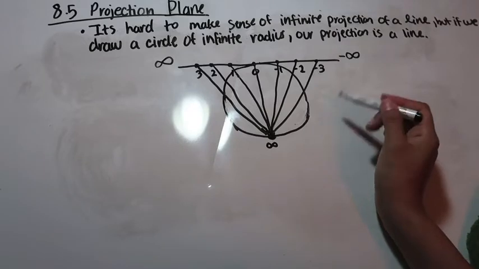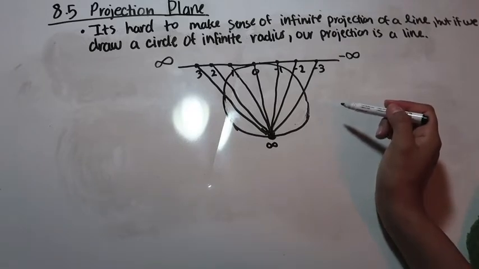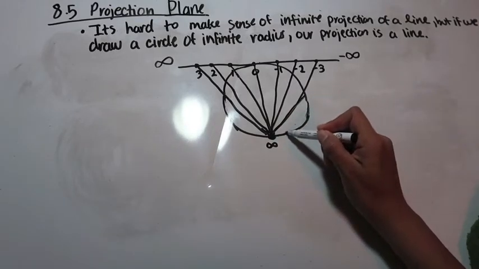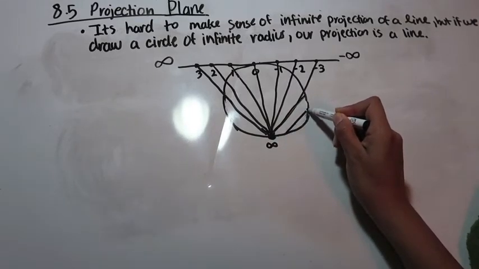And as you can see from this circle, the infinite radiuses are here. So we could have something else that looks like this.